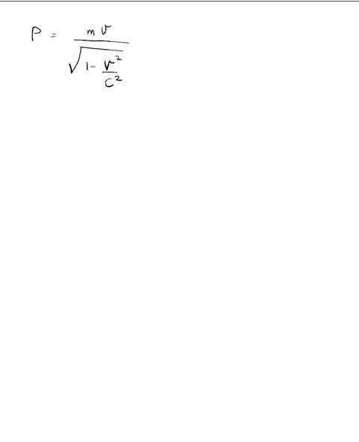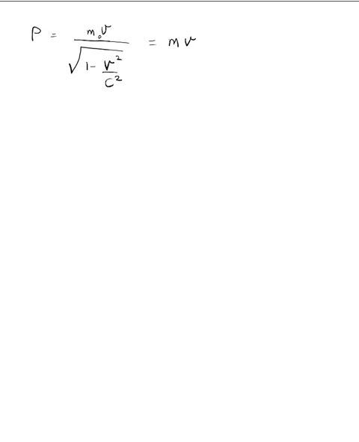Just suppose here that an object has the mass m naught. So instead of m, it has m naught. If this is the initial mass or the rest mass, then momentum can still be defined by m naught v divided by the Einstein factor. This equals mv, we know that.